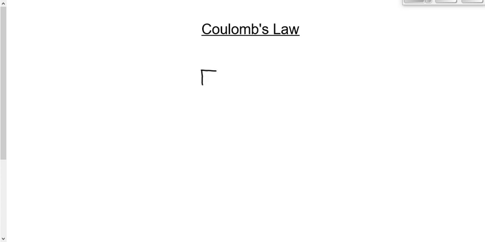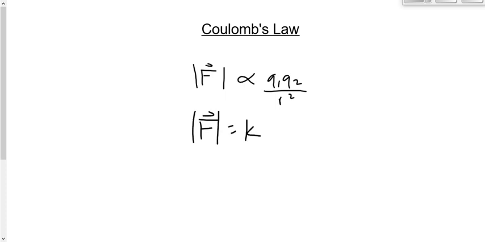He says that F is related to Q1 and Q2 and 1 over R squared, or in other words, F, the attractive or repulsive force between two charges, is equal to a constant K times Q1 Q2 over R squared.